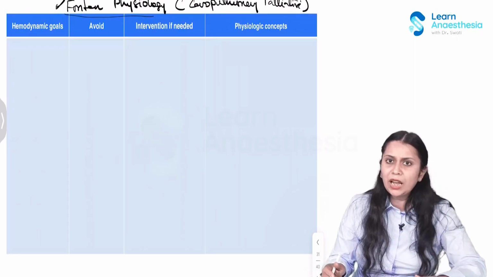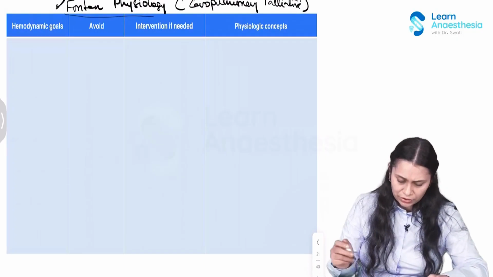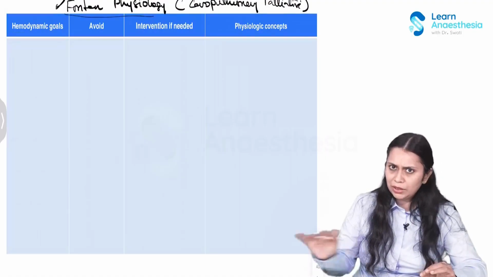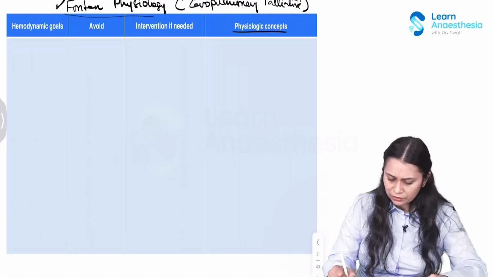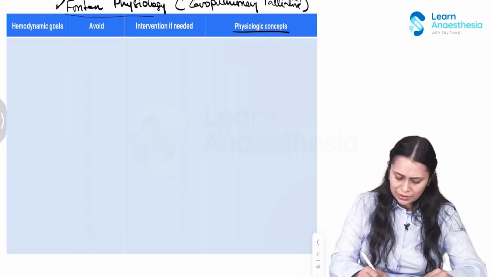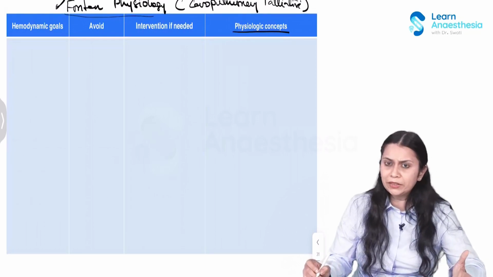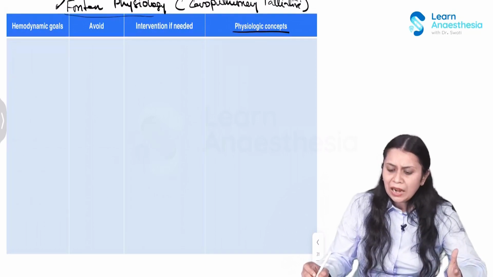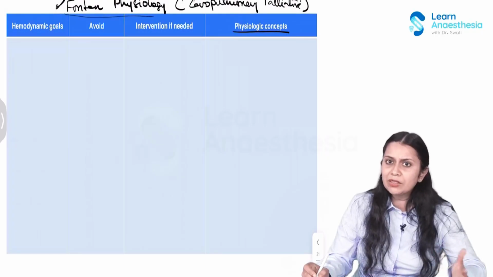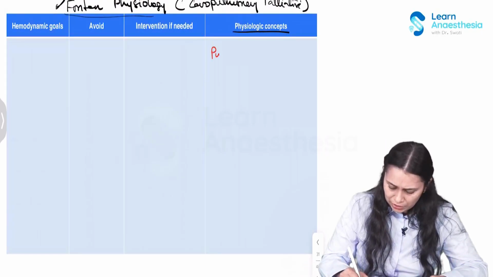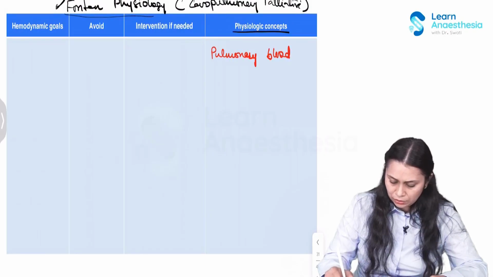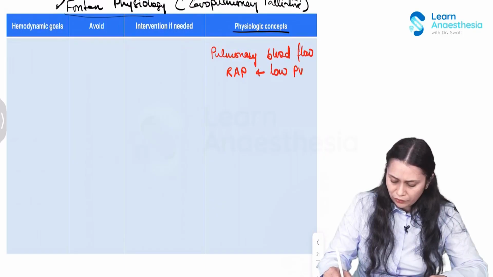So what is the hemodynamic goal in Fontan physiology? But before discussing the hemodynamic goal, let us discuss the physiological concept. Pulmonary blood flow, as I said, depends upon the right atrial pressure, not right ventricle, right atrial pressure, and it depends upon low pulmonary vascular resistance.